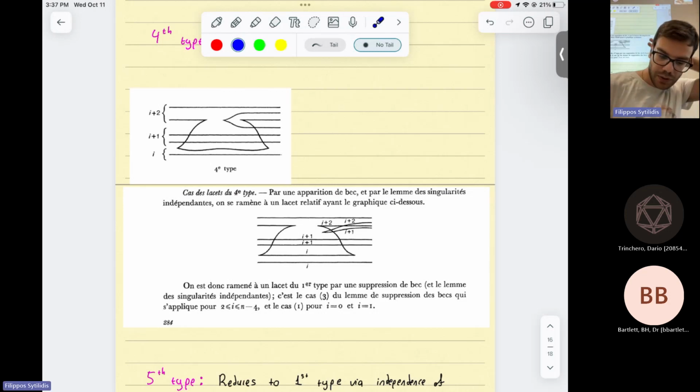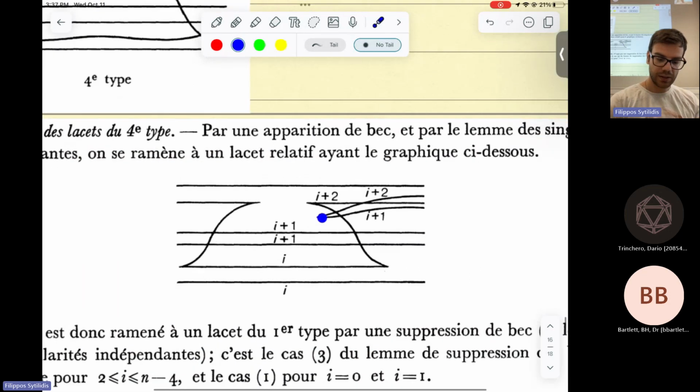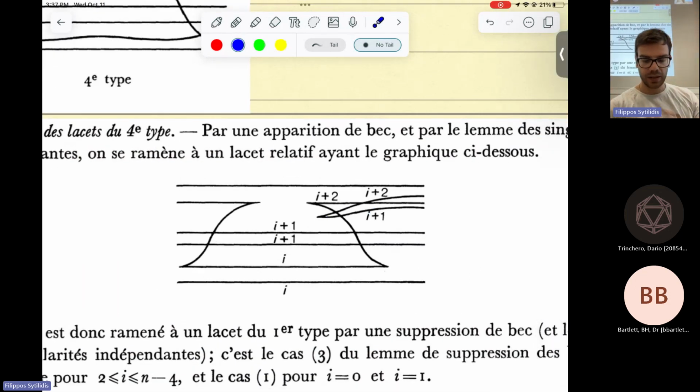The first thing that I'm doing is a big where I'm pushing this cusp over here, and I end up with a picture like this one below. Can you see it? Yes. And now the second big is going to take this cusp and push it away. And then I will be left with a type 1 thing again.